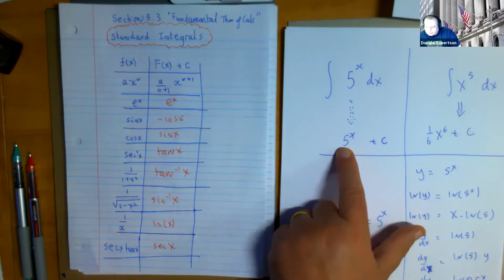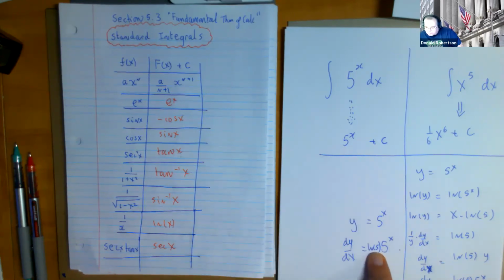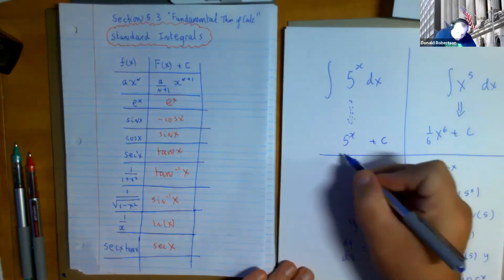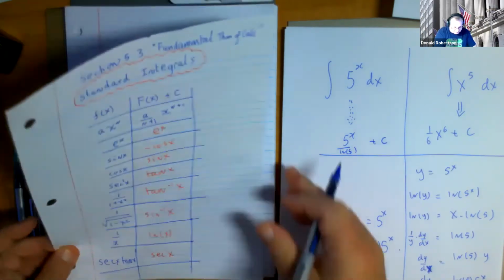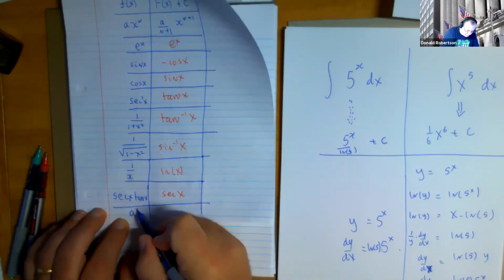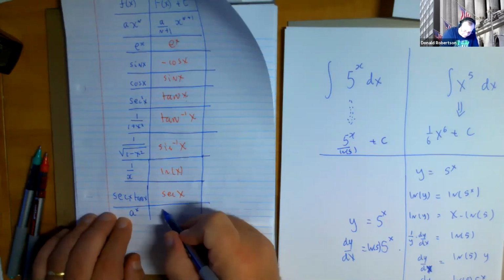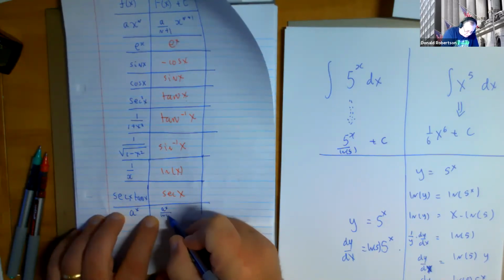So what do you think you should do when you find the antiderivative? Not multiply by log 5, but divide. So here you go. I'll stick in my little list what a to the power of x is, where a could be 5, for instance. The antiderivative is a to the x over the natural log of a.